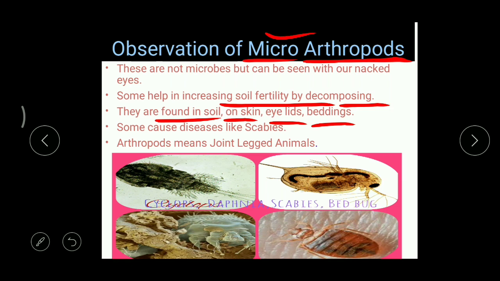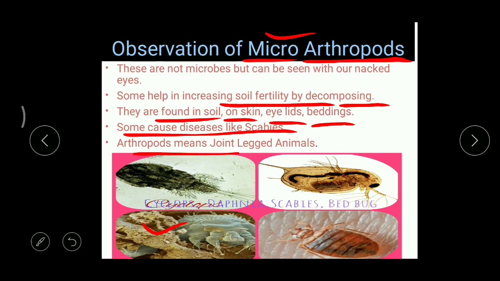And some of them can cause a disease called scabies. Scabies is caused by this insect. We call this an itch mite or a scabies mite. When this mite is present over our skin, then we get the disease, right?